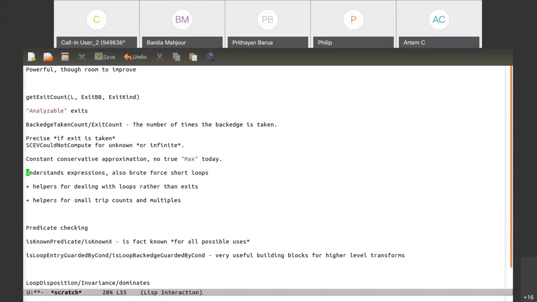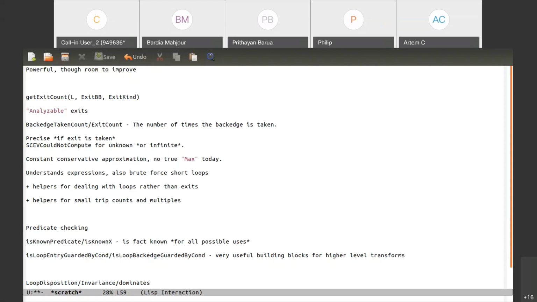The other set of things built on top of this is helpers for asking properties of loops as opposed to individual loop exits. And there are some helpers for figuring out whether the trip count information we have is sufficient to either give us a small constant trip count, a small bound on the trip count, or to know that the trip count has a minimum multiple, for instance, for vectorization or unrolling.